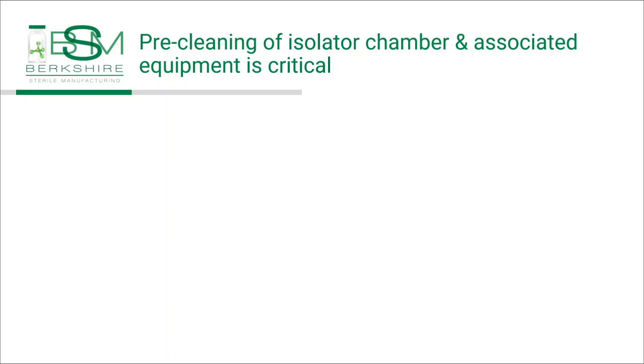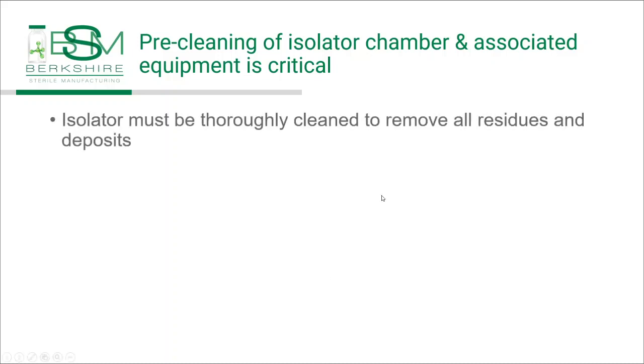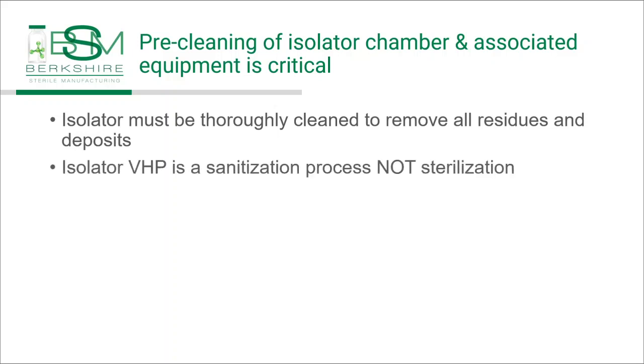As I mentioned before, pre-cleaning and pre-sanitizing of the isolator is very critical. The isolator must be thoroughly cleaned to remove all residues and deposits. We should point out VHP in an isolator is a sanitization process, not sterilization.